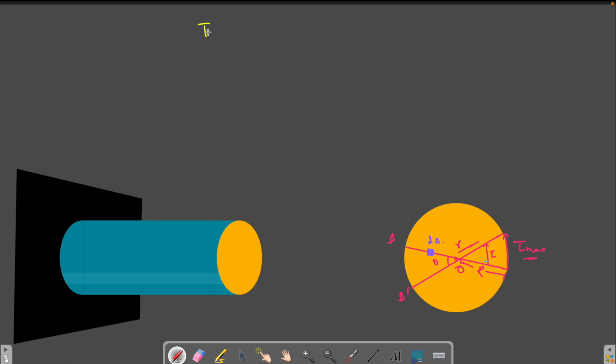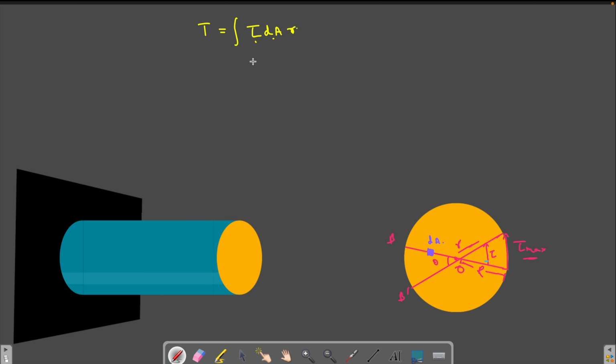The torsion will be equal to the integration of shear stress at the area into area. It will give us the force, and force must be multiplied with the lever arm in order to get the moment, and torsion is nothing but the twisting moment, right? So this tau into dA will give us the force, multiplied by the radius small r will give us the torsion.